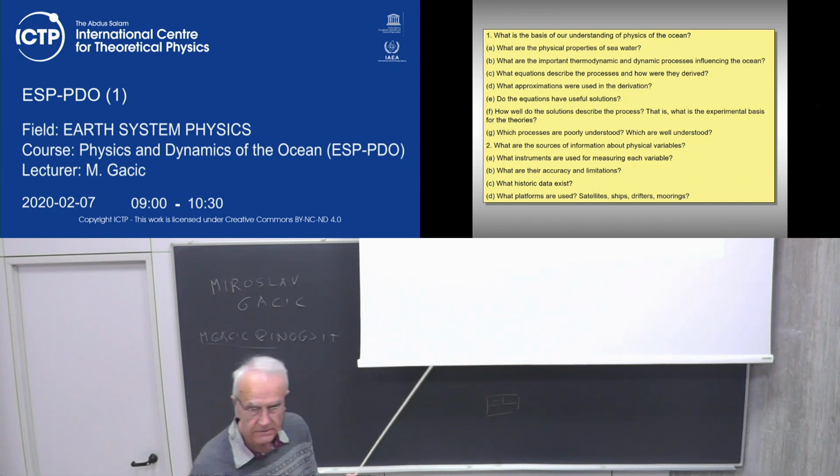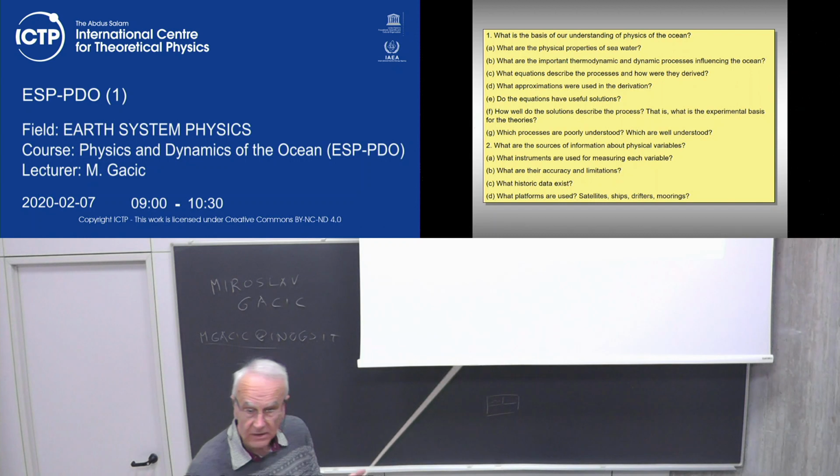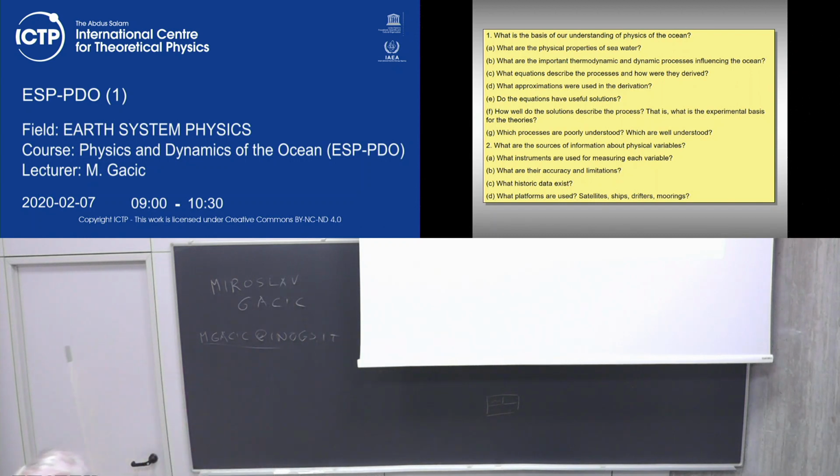Drifters are those instruments which are moving, following the currents. So the current takes your instrument wherever it wants, and then it measures along the current flow. So these are drifters. We call it also Lagrangian measurements, which means measurements following the current.